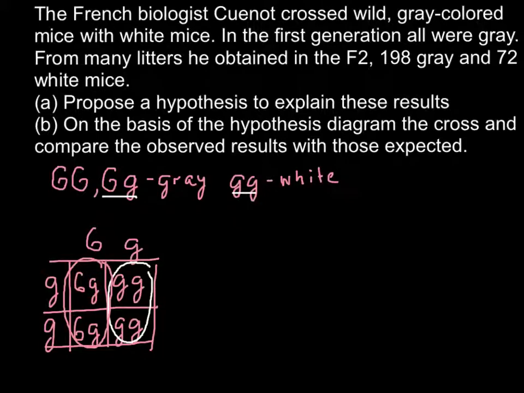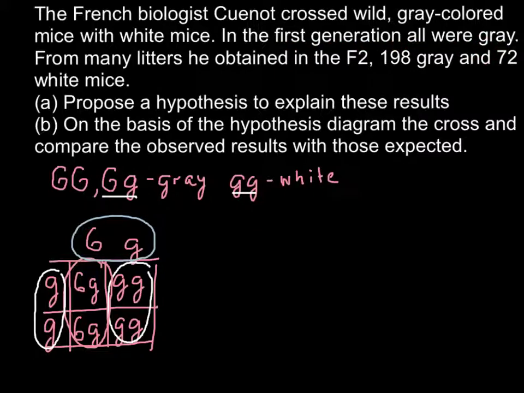And as you see, this result contradicts what we have in our problem, where we are told that in the first generation all were gray.